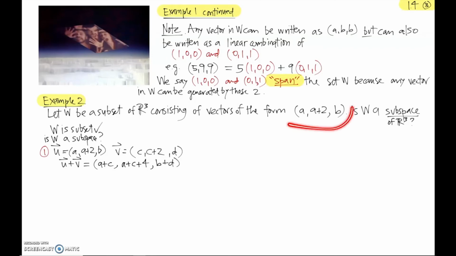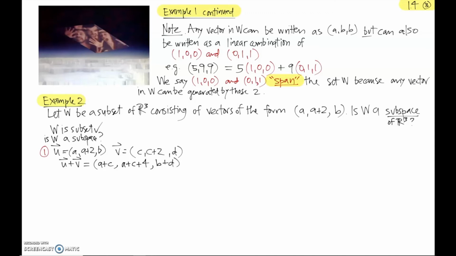This set has the pattern where we have a first element, and then the second element is 2 more than the first element. And then the third element is just anything, some arbitrary other thing. So we have a first element, and we need the second element to be 2 greater than this, but we have a problem, it's 4 greater. And so that just disqualified it. So we're not in W anymore. When we added these two vectors up, somehow we got out of W. So these two vectors escaped that glass prison, two-dimensional thing.